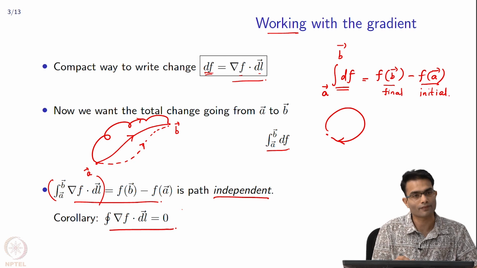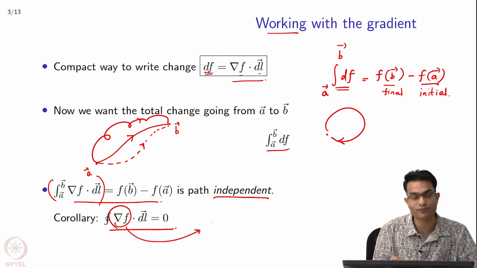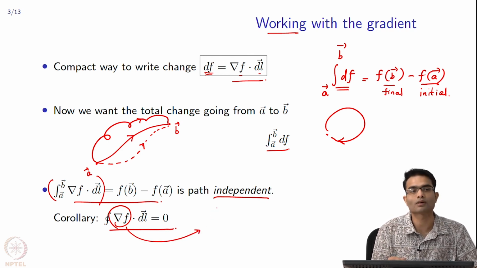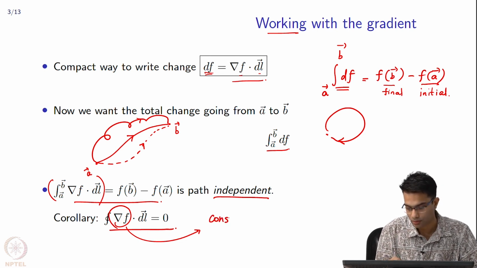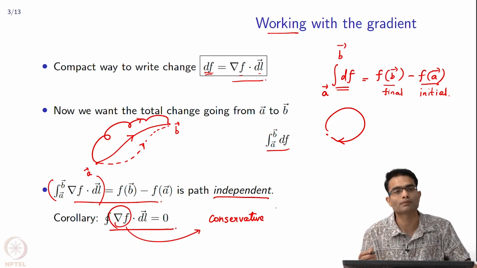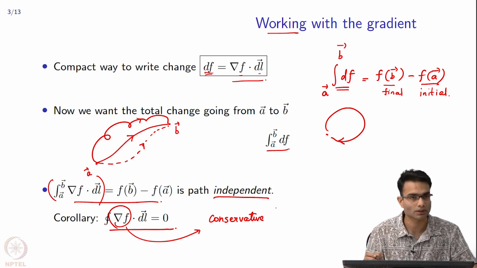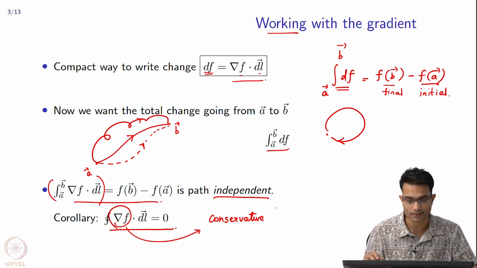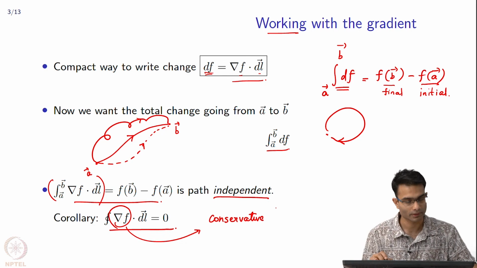Some of you may have encountered such expressions earlier. So, these kinds of forces, if a force is of the type grad phi, we call this a conservative force, right. So, for example, we know that the electrostatic force is a conservative field. So, it does no work over a closed path. Not all forces are conservative. So, this is a special case. So, we have got some idea of how to work with the gradient now, okay.